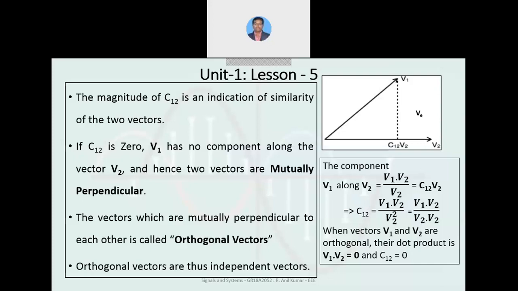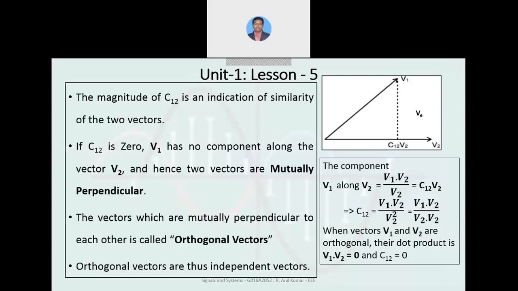At that instant we say that v1 and v2 are mutually perpendicular. Hence the vectors which are mutually perpendicular to each other are called orthogonal vectors. Just remember that orthogonal vectors are independent vectors because they don't have any similarity.